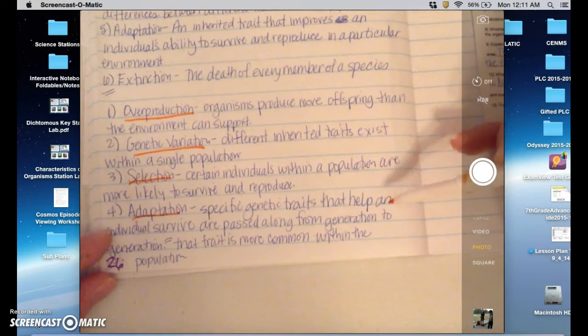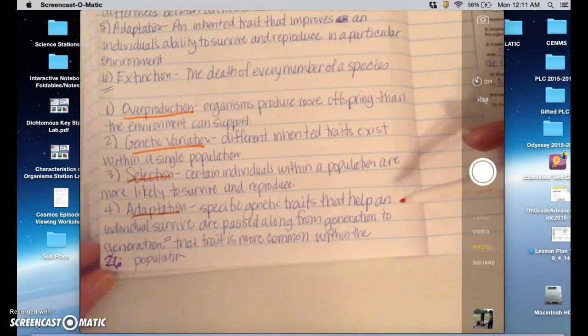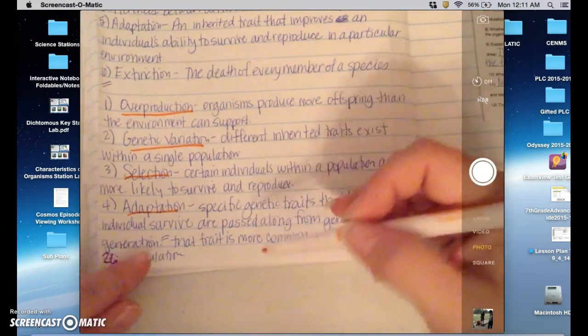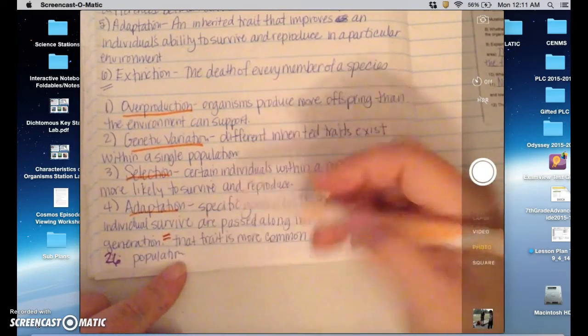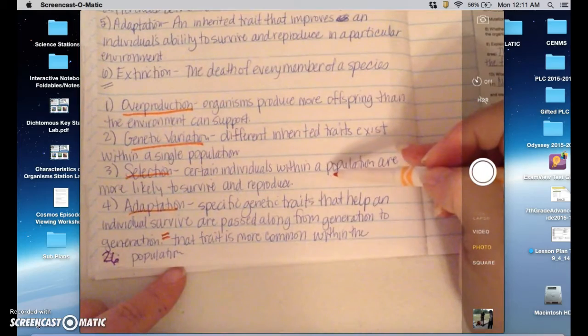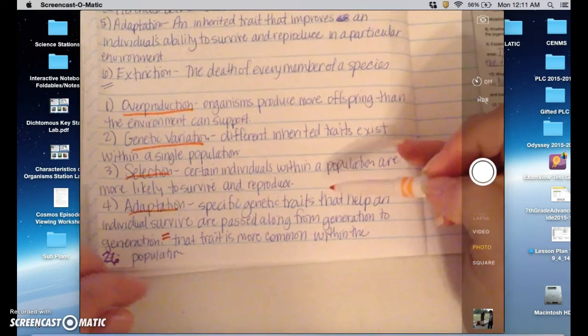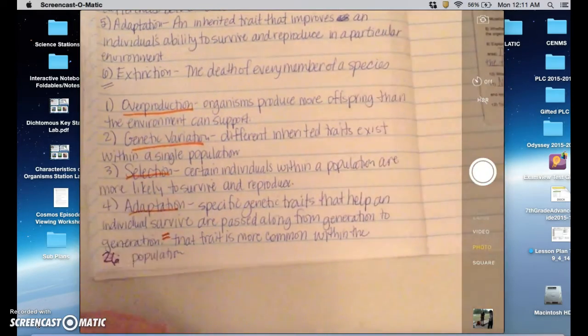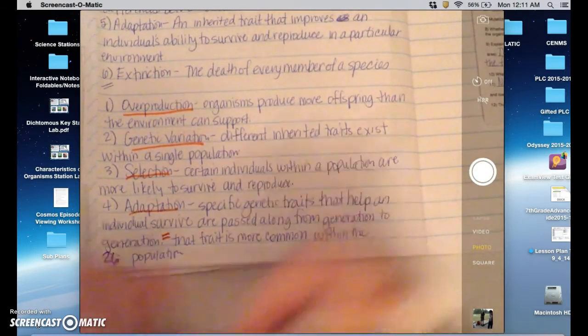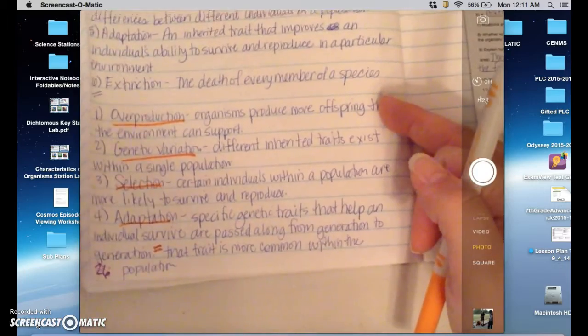And number 4 is adaptation. Specific genetic traits that help an individual survive are passed along from generation to generation. This equals that trait is more common within the population. So if specific genetic traits help something survive, that trait is going to be passed on within a population, and it's going to be more common, which you will see in this rock pocket mouse video.